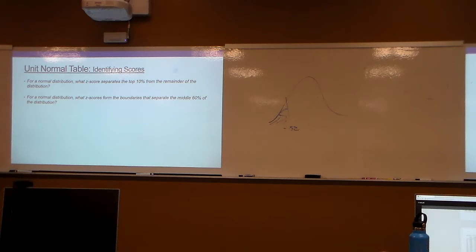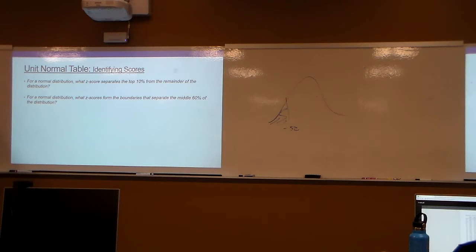What z-scores bound the middle 60% of the distribution? About 1 and -1. Well, give me a more precise estimate. 1.3 to 1.29 and -1.29.